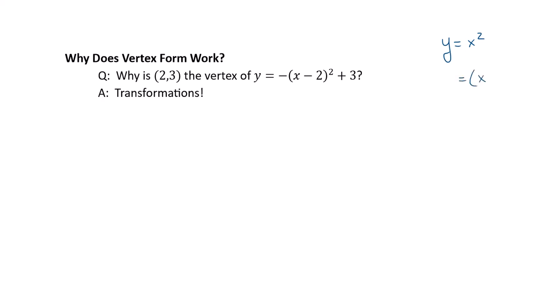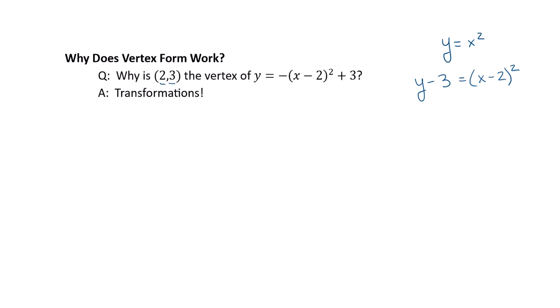We have x minus 2, and that shifts it to the right 2. And then 3, remember the vertex used to be at (0, 0). Now it's at (2, 3). So we've shifted it right 2, and now we need to shift it up 3. So it would be a y minus 3.